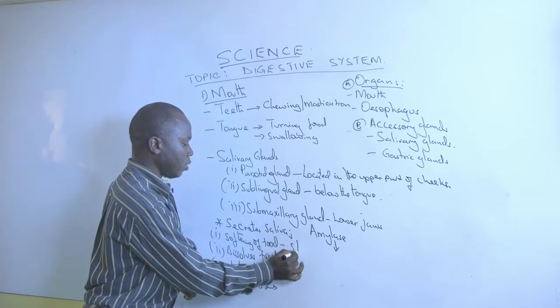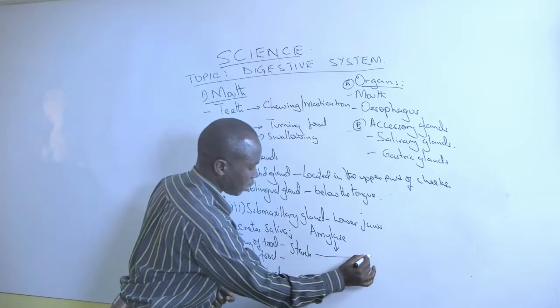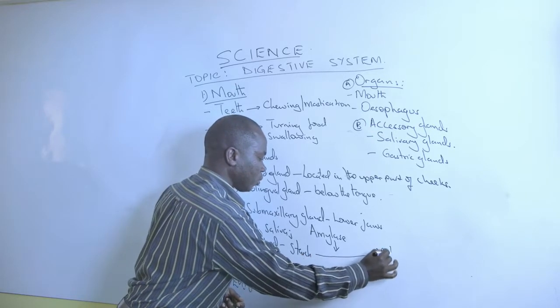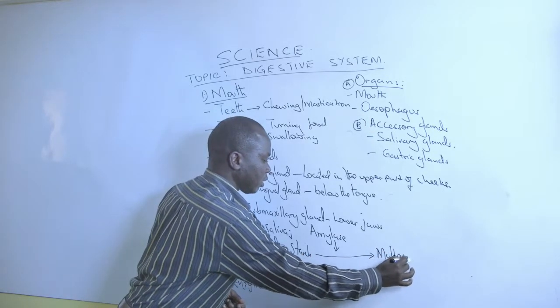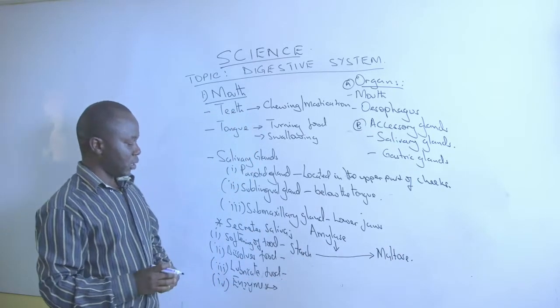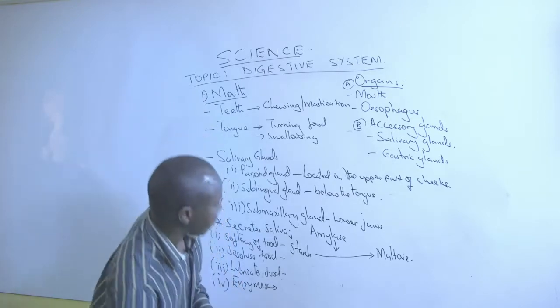Amylase usually acts on starch and converts it into maltose, which will be further digested in another part of the digestive system.